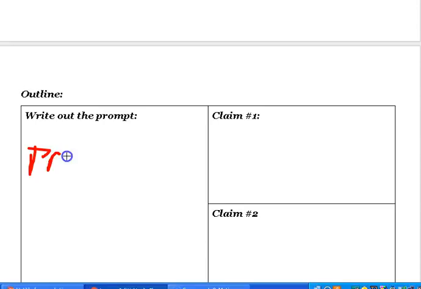I'm not going to use this tool anymore. The prompt goes here. Claim number 1, claim number 2. And then thesis statement. Keep calm and write a thesis.